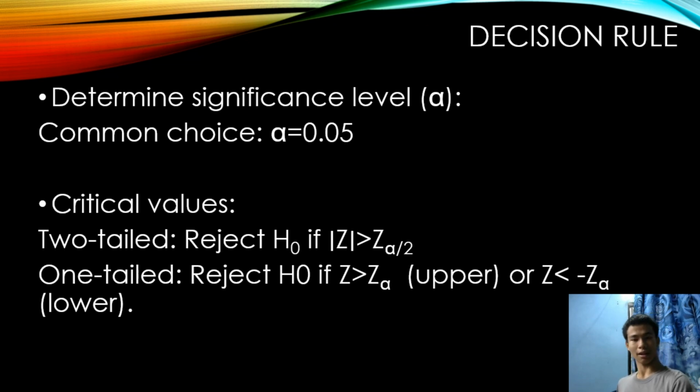For a one-tailed test, reject the null hypothesis if z is greater than z sub alpha for the upper, or z is less than negative z sub alpha for the lower.